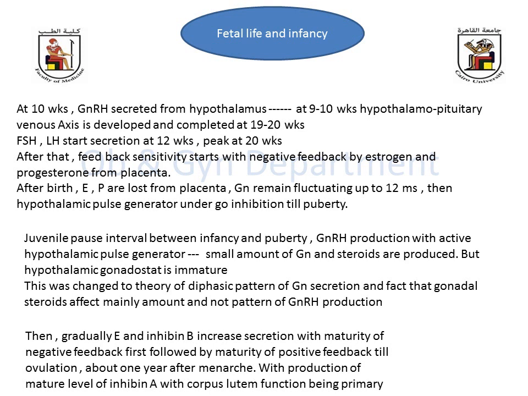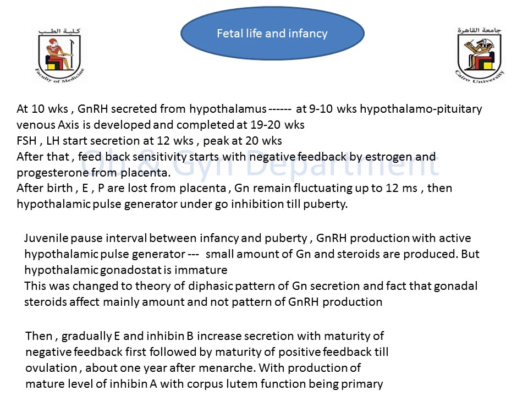This is the juvenile pause, the interval between infancy and puberty, during which gonadotropin-releasing hormone production with an active hypothalamic pulse generator produces a small amount of gonadotropin, and steroids are produced from the ovaries in response to these gonadotropins, but they are still not ready to stimulate the mode of production of gonadotropin-releasing hormone in a pulsatile fashion.